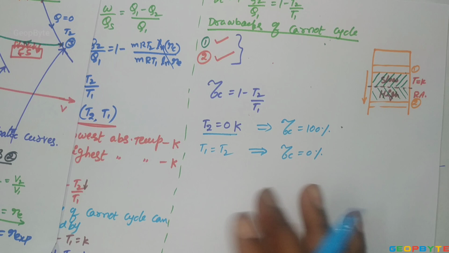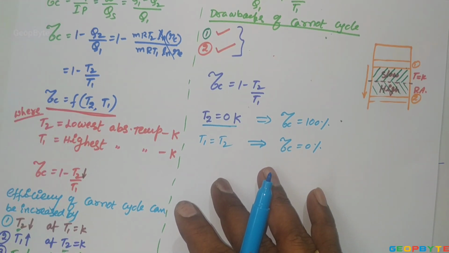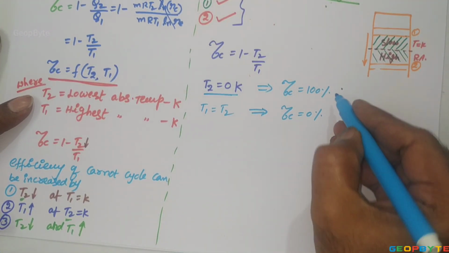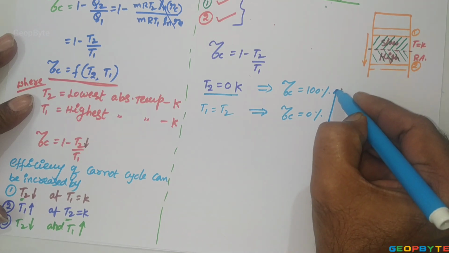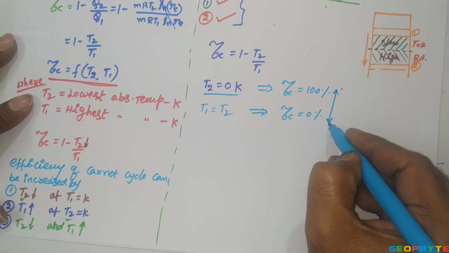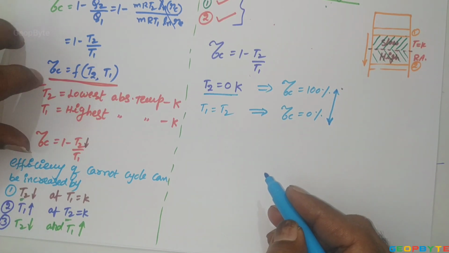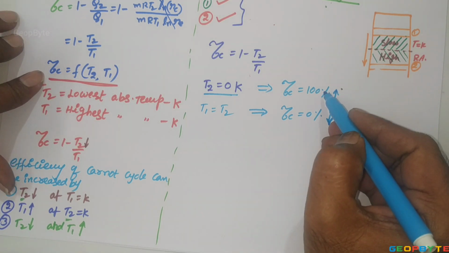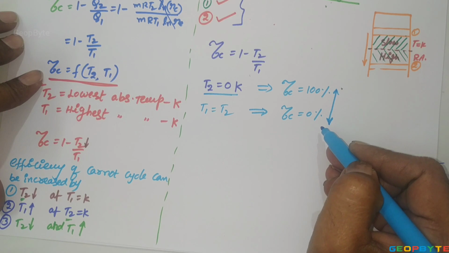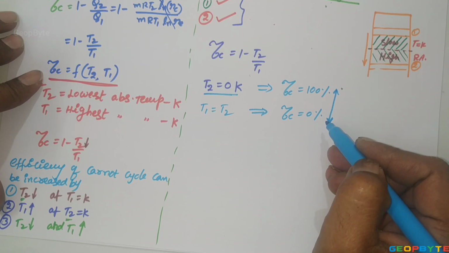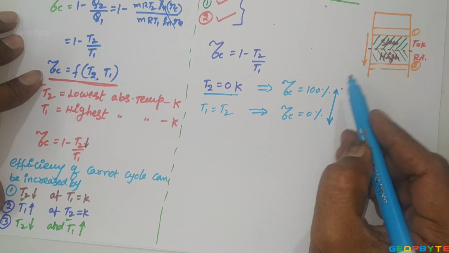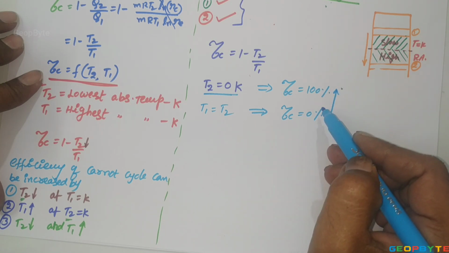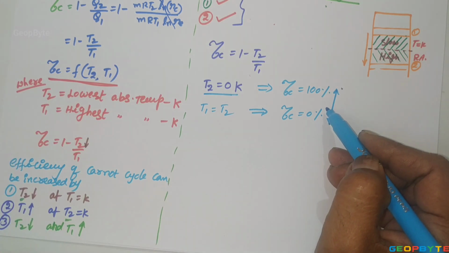That means efficiency of the Carnot cycle varies from 0 to 100%. Practically, no heat engine gives efficiency more than 100% or less than 0%. That's why all practical heat engines' efficiency must be within the limits of Carnot cycle efficiency only.